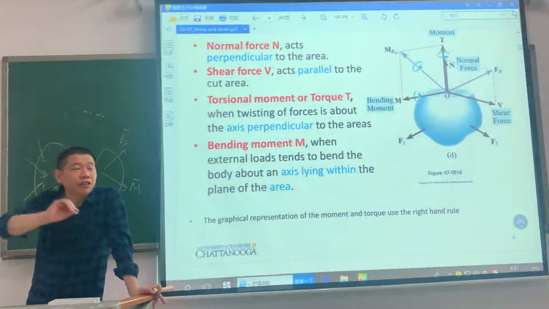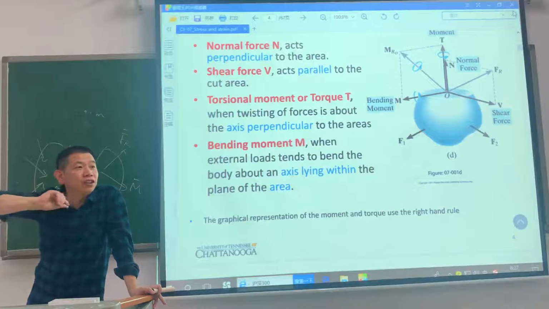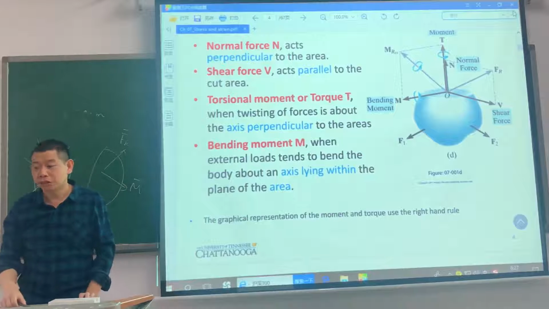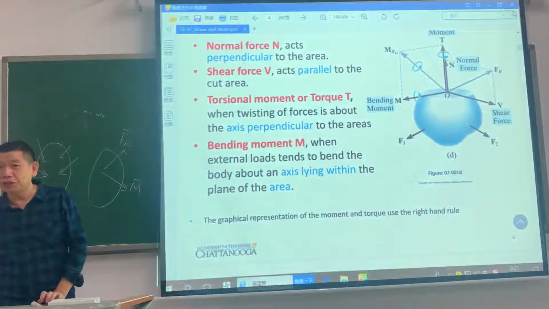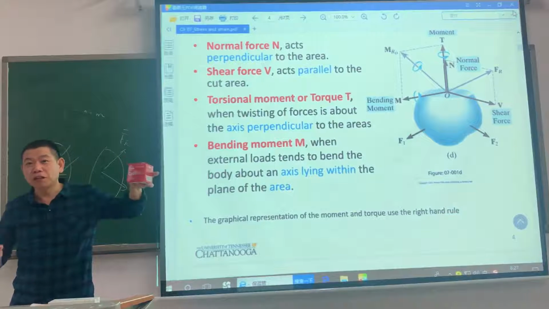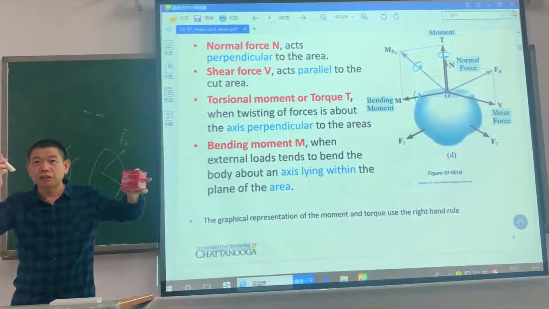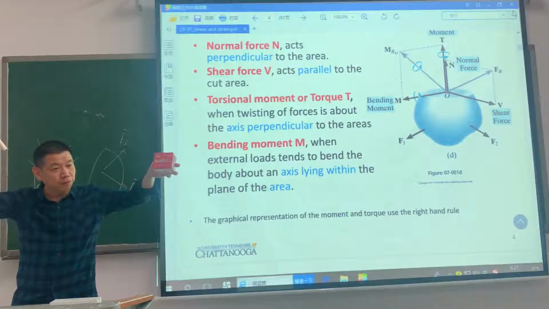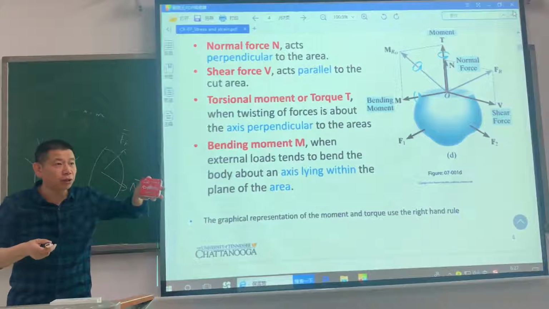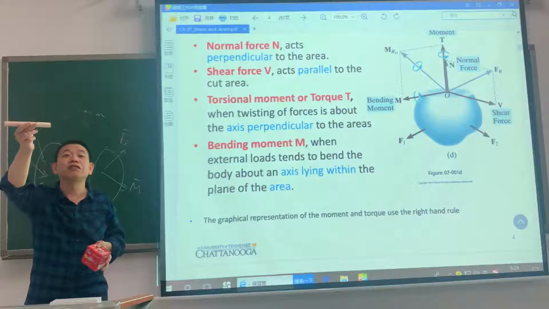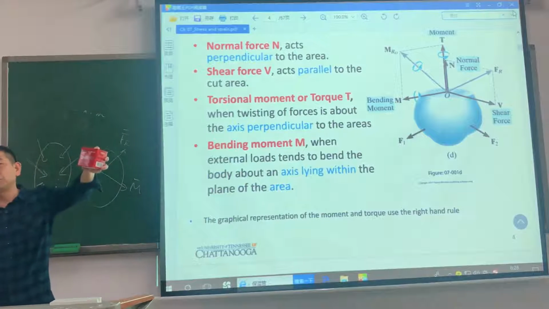A rod is a cylinder body. Yes or no? We don't care about this kind of thing, a block. In mechanics of materials, we focus on rods, and we don't involve blocks.